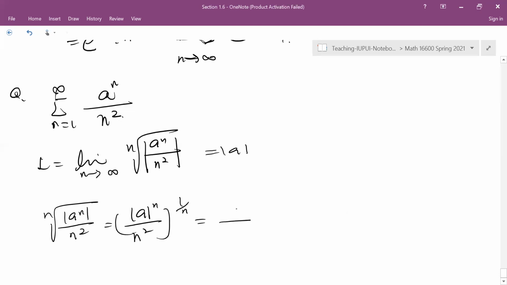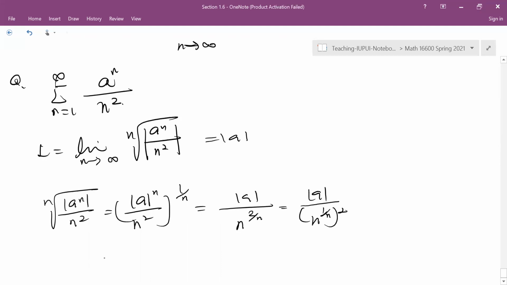The numerator is just absolute A. The denominator is going to be n to the 2 over n, so n to the 1 over n approaches 1. So it approaches absolute A, as n approaches infinity.